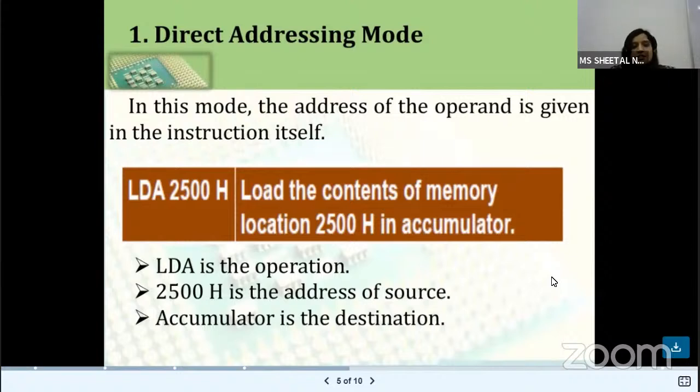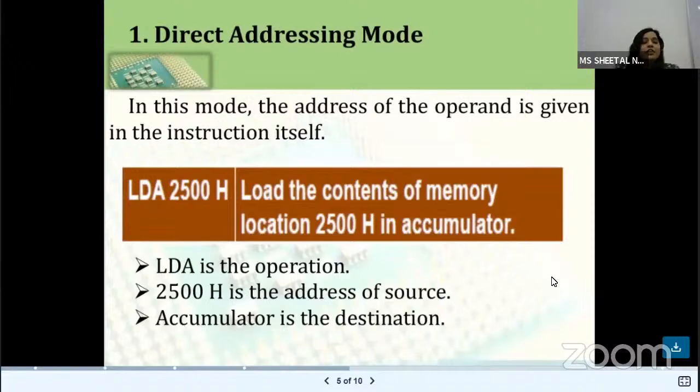In this instruction, LDA is the opcode and 2500 is the operand. In direct addressing mode, the data to be operated on is available inside a memory location, and that memory location is specified as an operand. So 2500 is the operand in this instruction and LDA is the opcode.